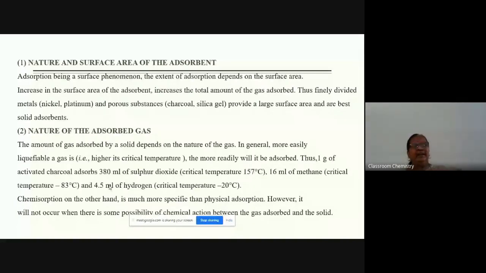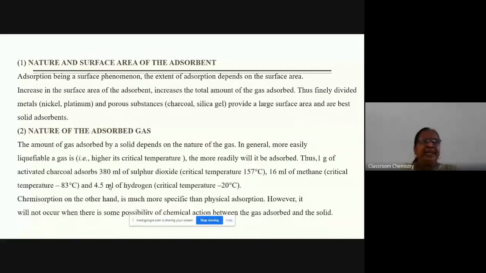That is, the greater the number of molecules or atoms on the surface whose valencies are unsatisfied, whose forces are unbalanced, then greater will be the adsorption. As it is a surface phenomenon, the extent of adsorption depends upon the surface area.